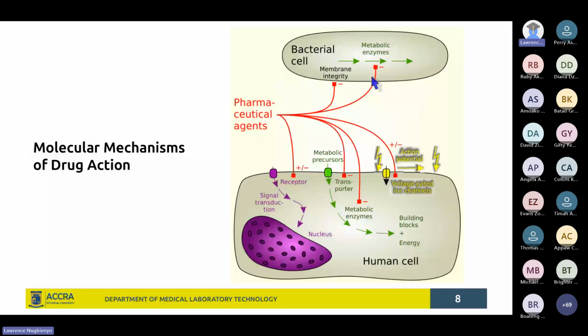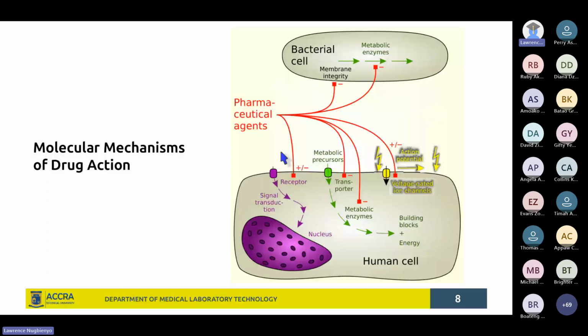Pharmaceutical agent can also act on, say, the human cell in different ways, even more different ways. First, we saw how the receptors were acting in terms of signaling. So if this is a receptor in a human cell, that receptor responds to a certain stimulus from outside, say maybe a hormone or anything. But this time around, it is the pharmaceutical agent that is interacting with this receptor.